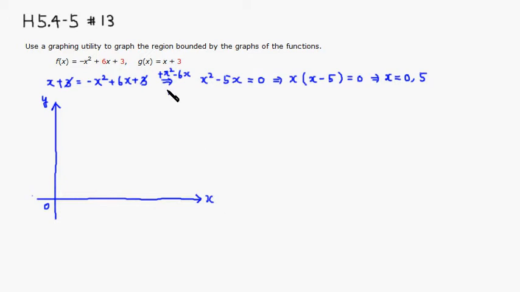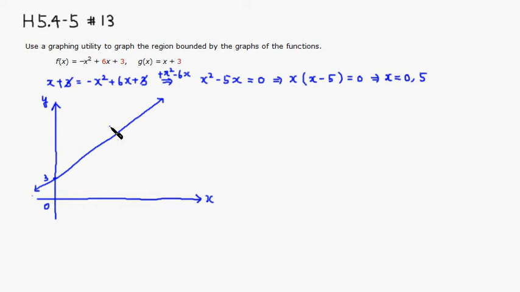So we have x plus 3. It's a straight line, so it's going to start at 3. So I'll just put 3 here. Then the slope is 1, so it's going to be a straight line with slope 1. It looks kind of like this. So that's our g.